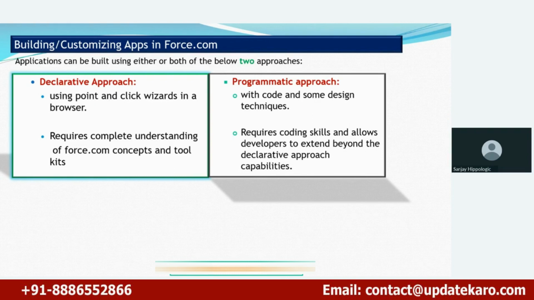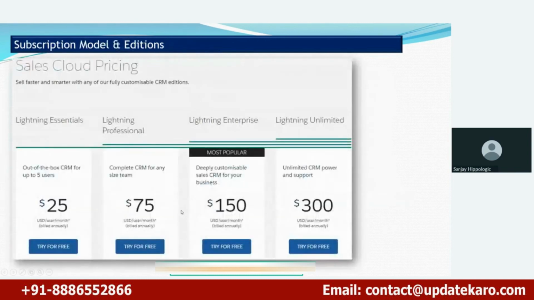If the declarative approach does not support it, only at that time when you need that customization, you go for the programmatic approach. So see here, I have written that it requires coding skills and allows developers to extend beyond the declarative approach capabilities, right? You should have coding skills and design techniques with code, and some other things. I'll be coming to it.